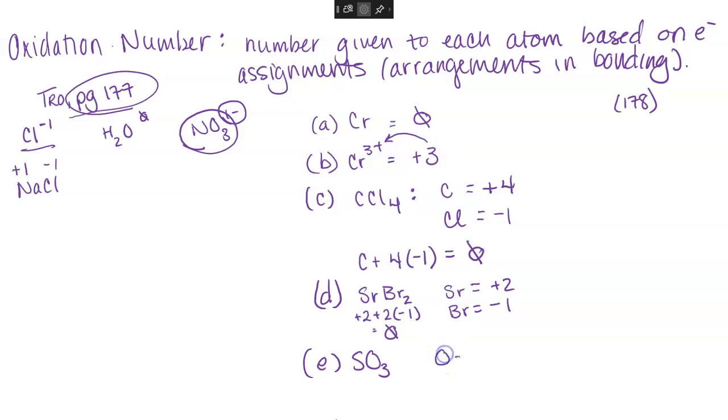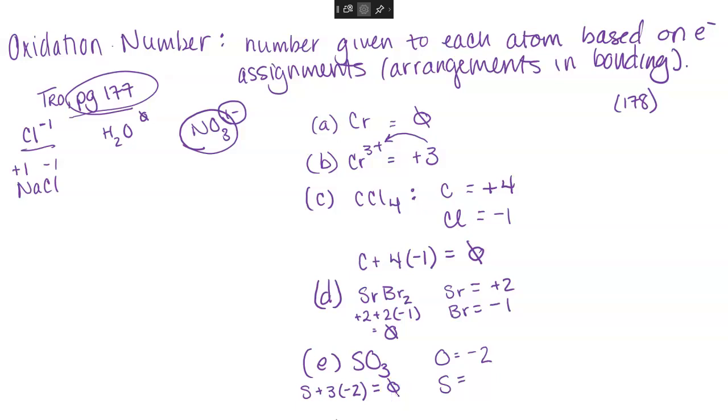So oxygen gets the -2. Sulfur gets what? 6. Okay. Sulfur plus 3 oxygens has to equal, what's the overall charge on this compound? 0.